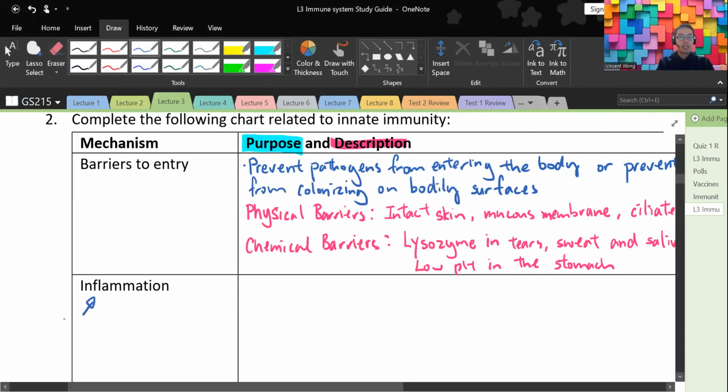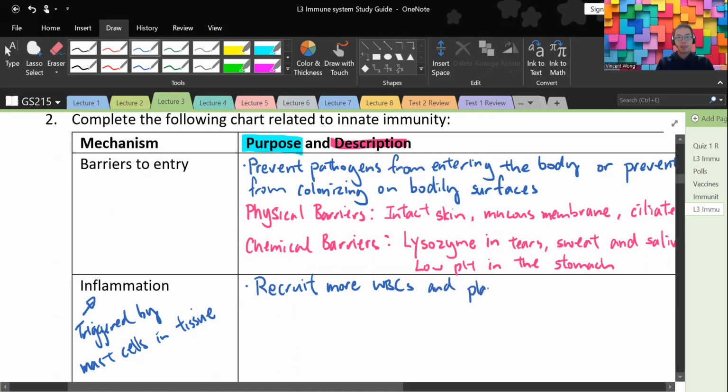So inflammation can be triggered by mast cells in tissue. They release histamine, and the purpose of inflammation is to recruit more white blood cells and plasma protein to the site of infection.